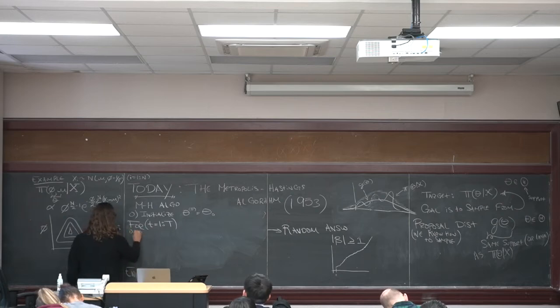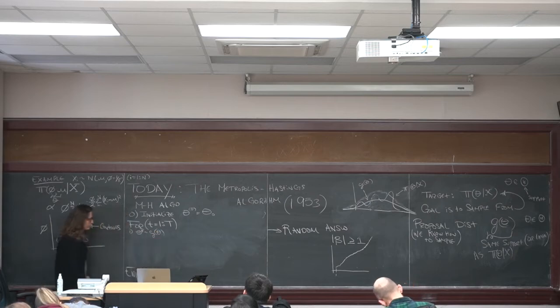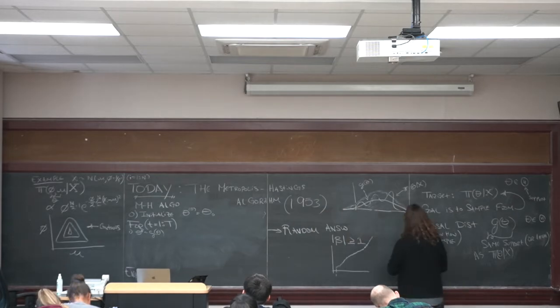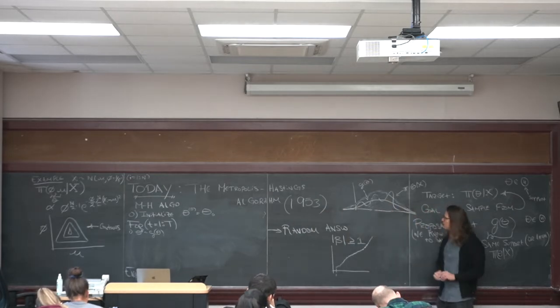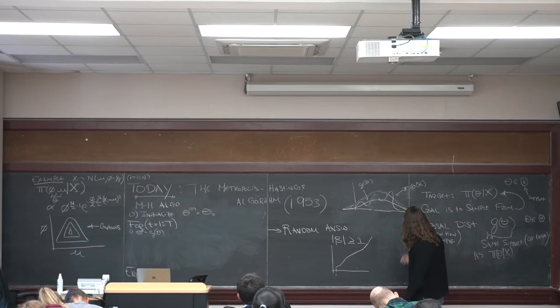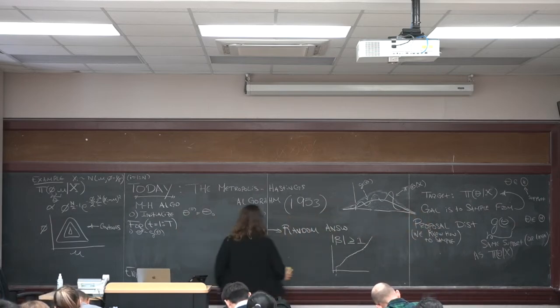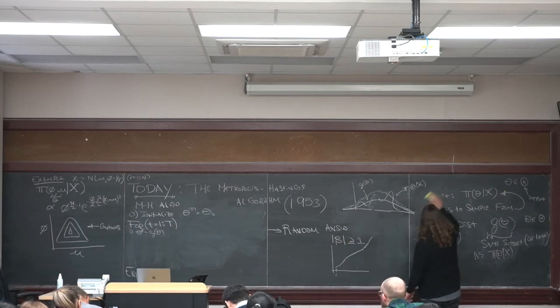Step 1 is I'm going to propose from G. So what I mean in terms of this picture right here is I'm going to sample from G, and let's just say I had some starting value. Illustrate what the starting value is.